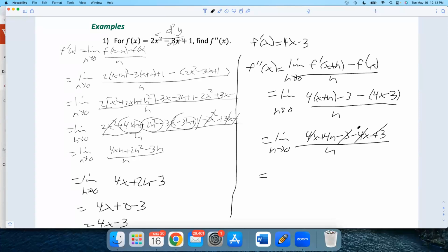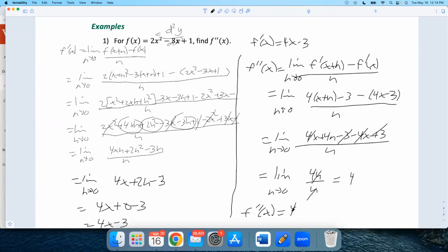I forgot to cancel the 3's there for a second. If I had written this, that can't be, that's impossible because this h in the bottom needs to cancel out. Everything that's left at this point will always have an h in it on top. That way you can cancel it and we just get 4. So the second derivative of that original function is just the constant 4.